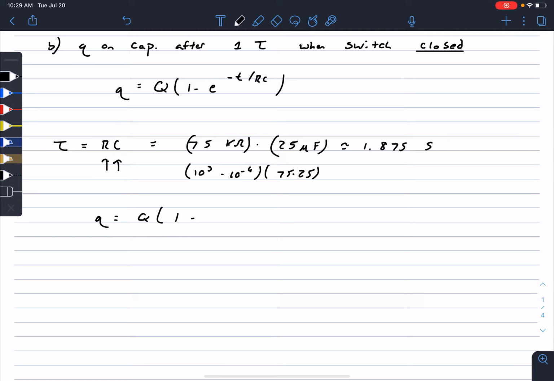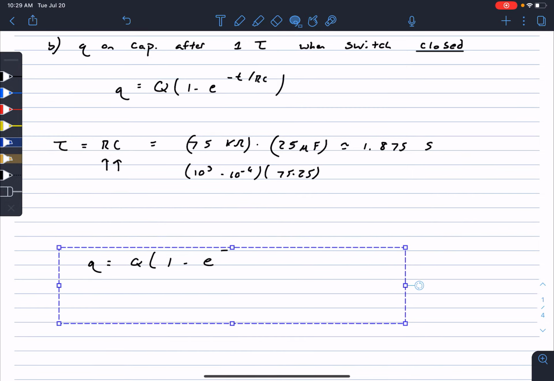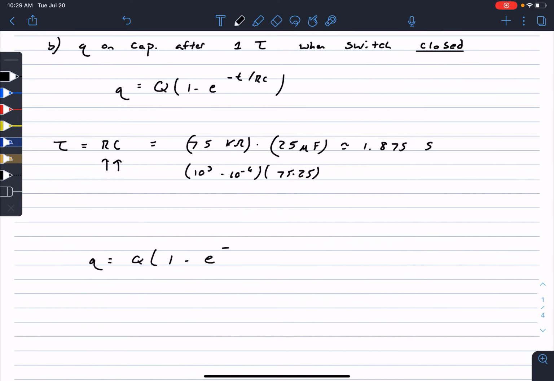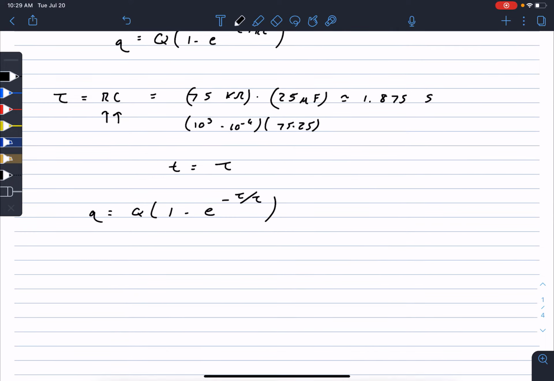One time constant after the switch is closed means that t in this situation is going to be equal to tau. So that gives us tau over tau, so that's e to the negative 1.